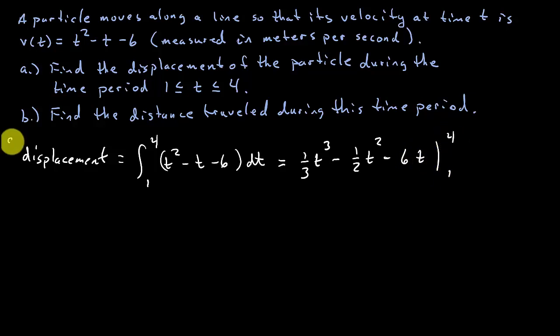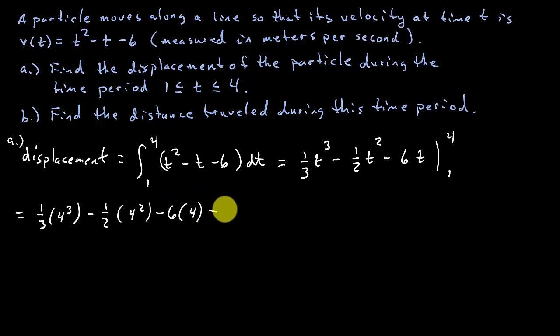Okay, so what we're working on right now is part A. All right, so now let's evaluate this, and so that's going to be 1/3 times 4 cubed minus 1/2 times 4 squared minus 6 times 4. And then that's going to be minus 1/3 times 1 cubed minus 1/2 times 1 squared minus 6 times 1.